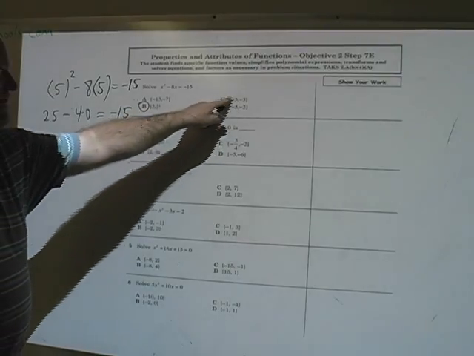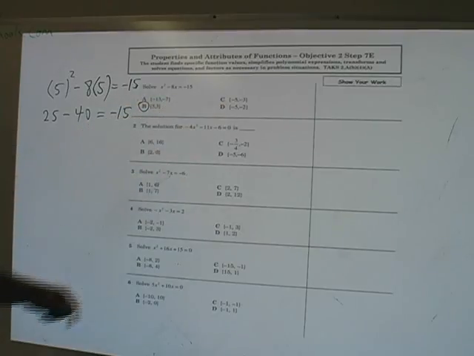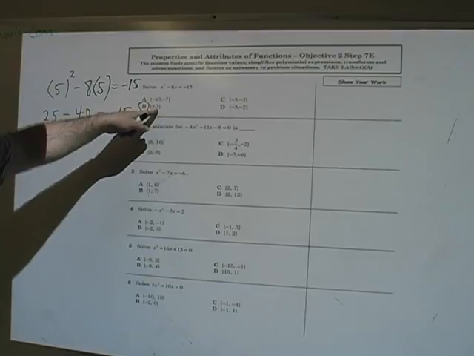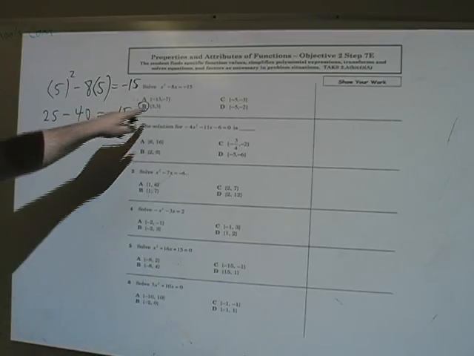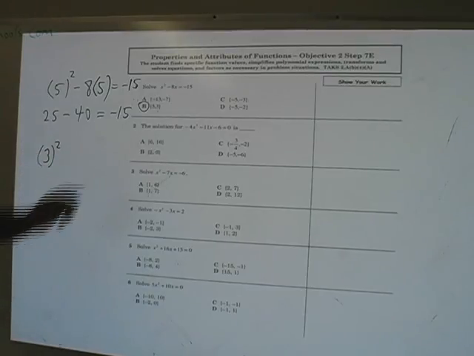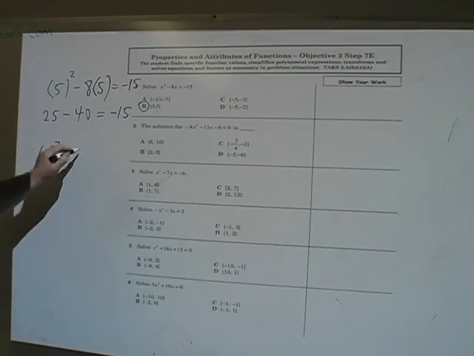Okay. Now once you check the answer for 5, you're going to be able to tell that that's the answer, because none of these others have 5 in it. But to be sure, you want to go ahead and check 3. So you go in, put your 3 in for x. So you get 3 squared minus 8 times 3.